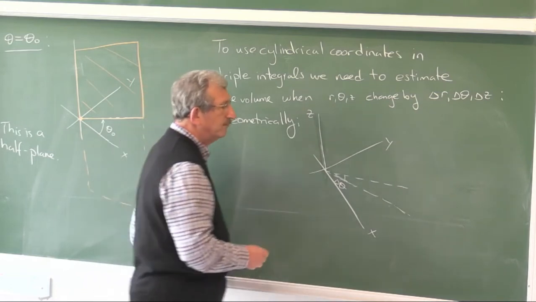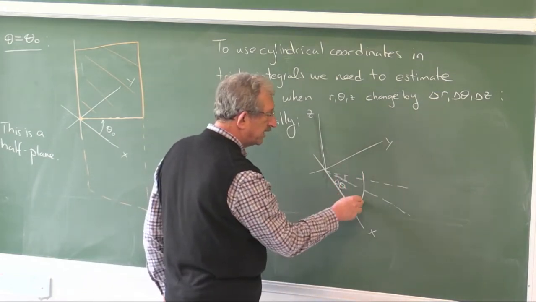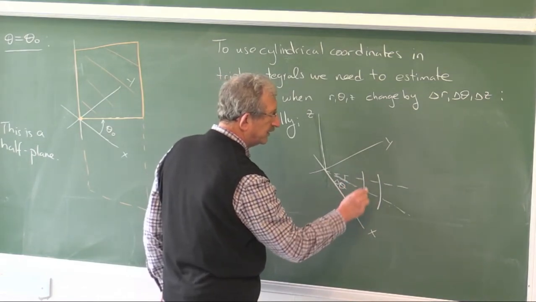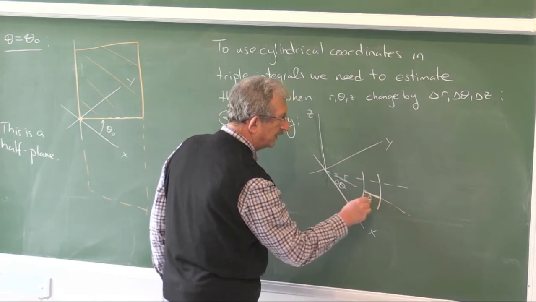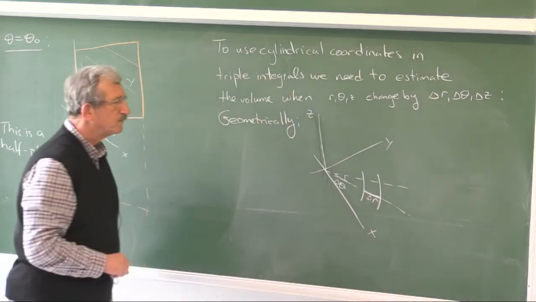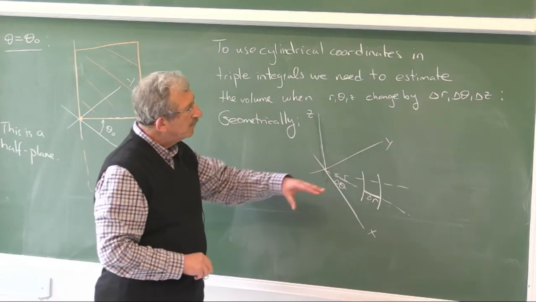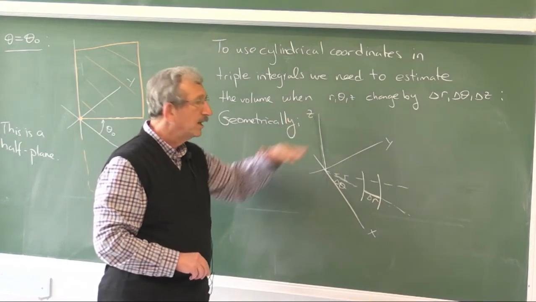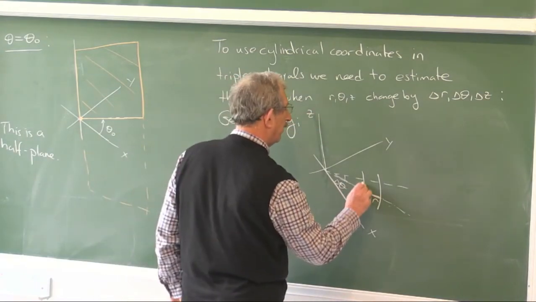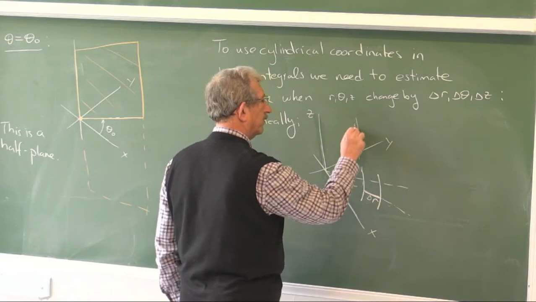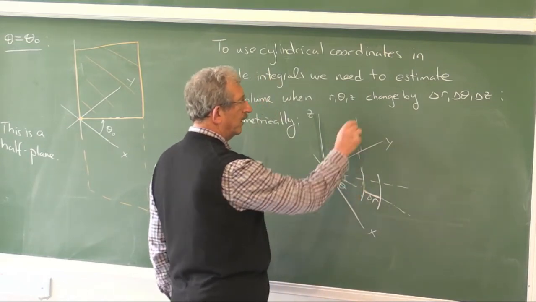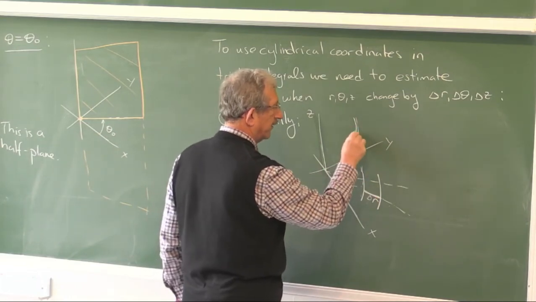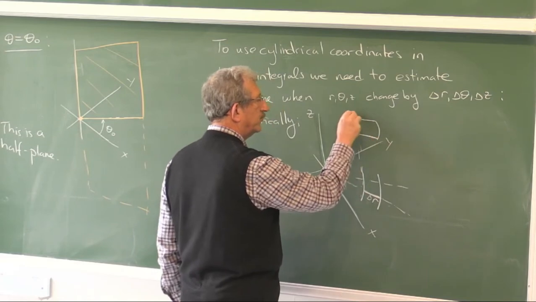In the meantime, I will increase some r up to delta r. In other words, this distance here will be delta r. But at the same time, I will do it at the top by increasing z a little bit. So if I go up, I will end up with the same type of figure like this, but with a thickness.